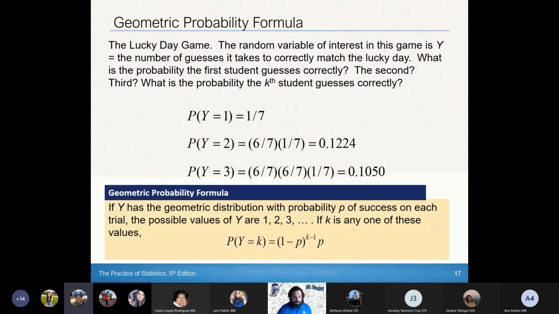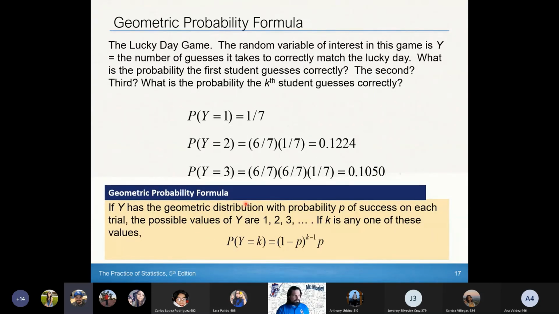So in general, we get this geometric probability formula. If y has the geometric distribution with probability p of success on each trial, the possible values of y are 1, 2, 3, all the way up to whenever it occurs. If k is any one of these values, then the probability of y equaling k equals the probability of failure, 1 minus p, to the k minus 1 power, times the probability of success, p.